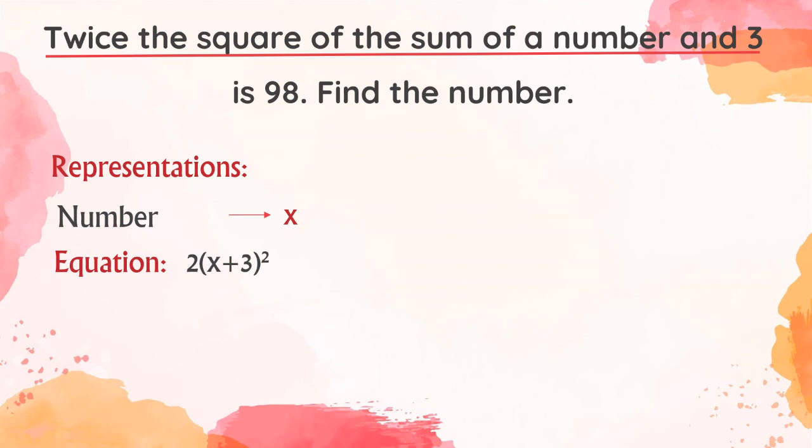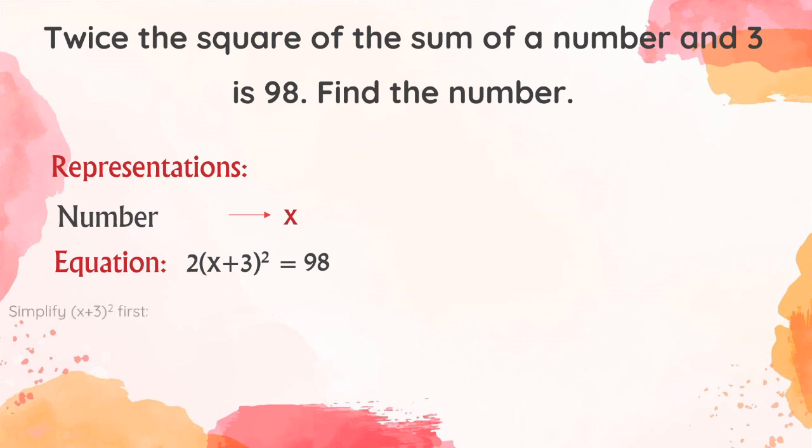Kaya naging ganito siya. Then sabi is, that is equals, then 98. Now, this is the equation. Pero mahirap mag-set ng equation to 0 kapag ganyan. Kaya simplify muna natin. Una, yung square of the sum of x and 3. Square of the quantity x plus 3 is the same as quantity x plus 3 times the quantity x plus 3.